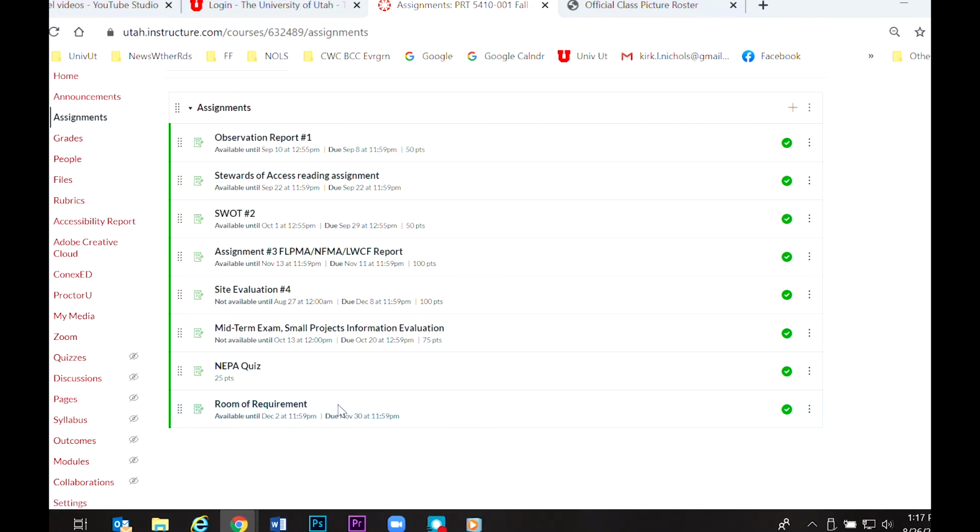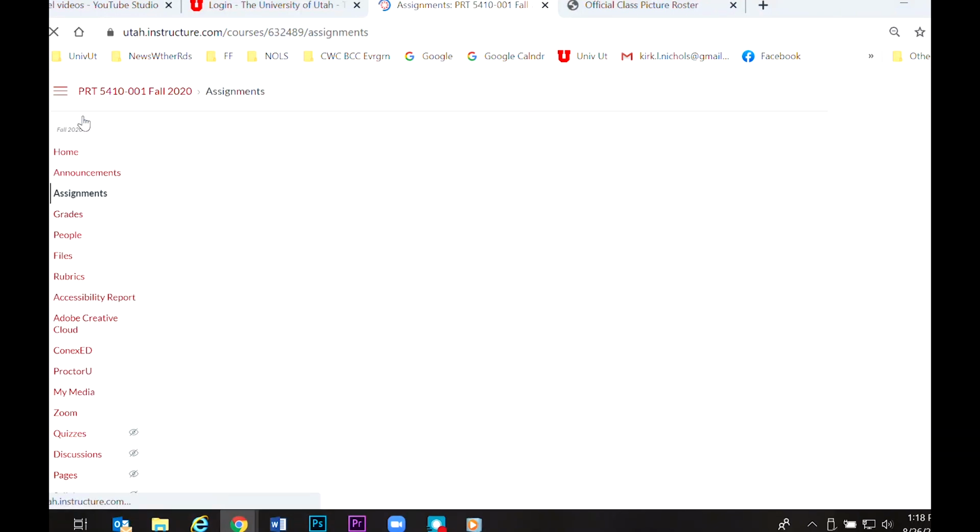It doesn't mean that I will accept them. Make sure it's really clear in the title which assignment it is due for. So if you were turning in the SWOT late, make sure the title that you turn in here says SWOT, so I know which one it is, or assignment 3 or 4, whatever way you can indicate it. So that's the list of assignments for this class.